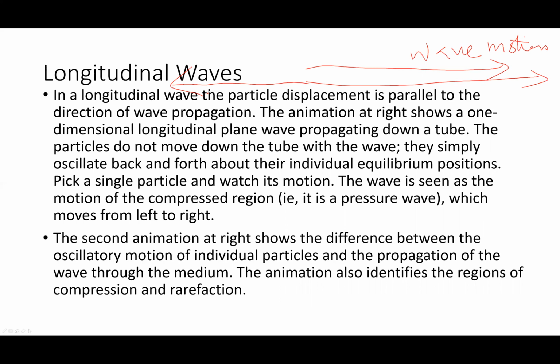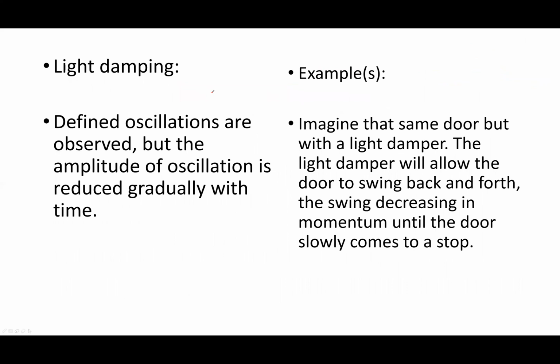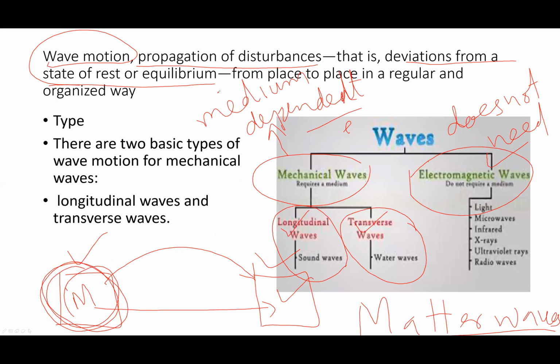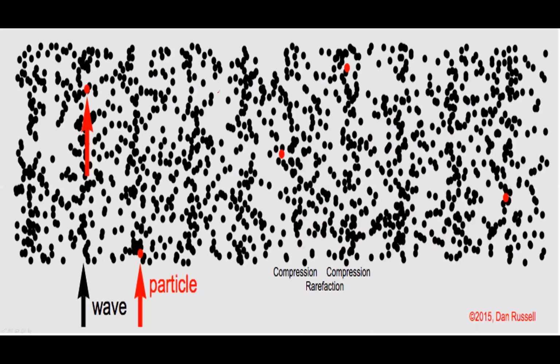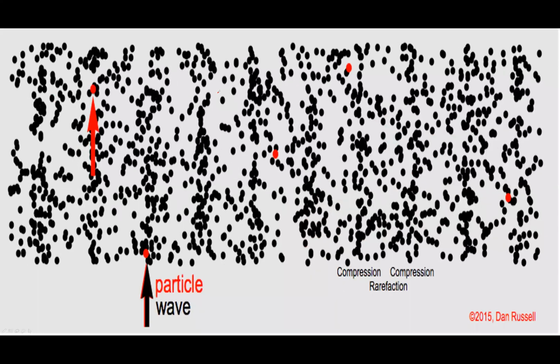I will show you the animation, and you will see. You read this, I will explain the animation. Now, if you look at the diagram, this particle is moving in this direction.